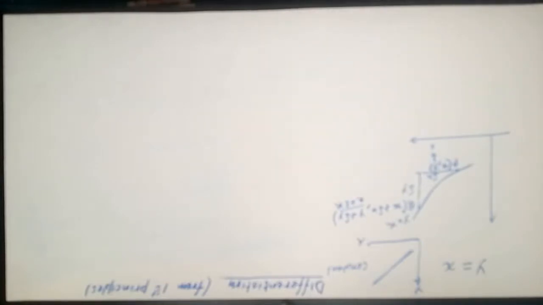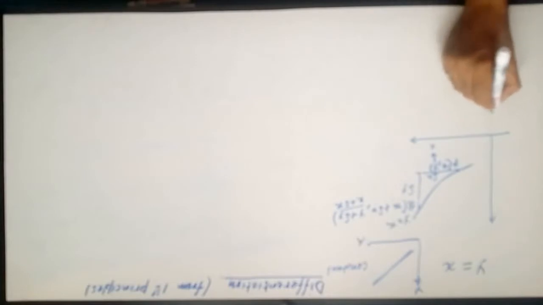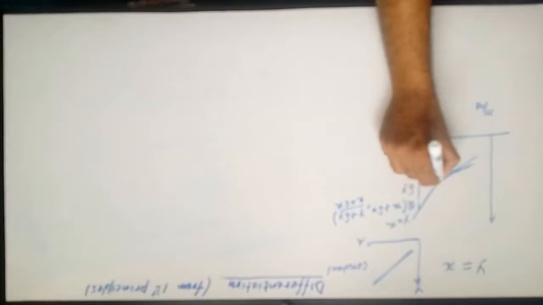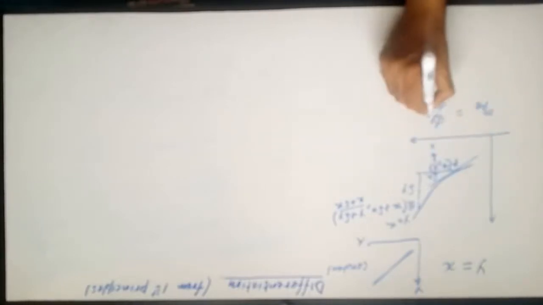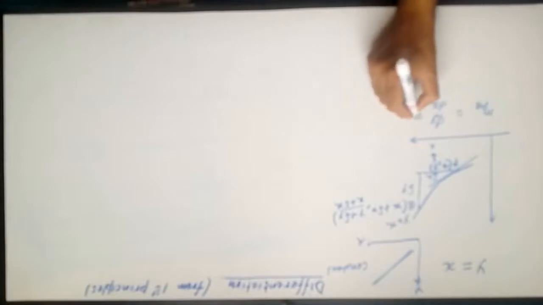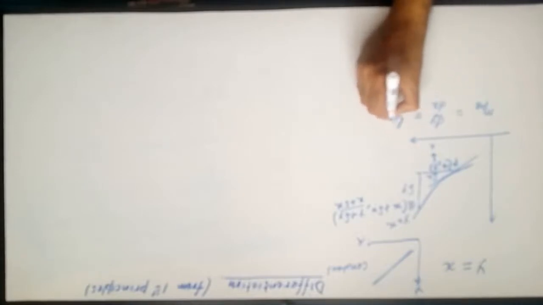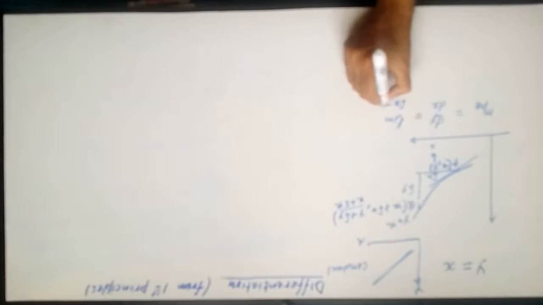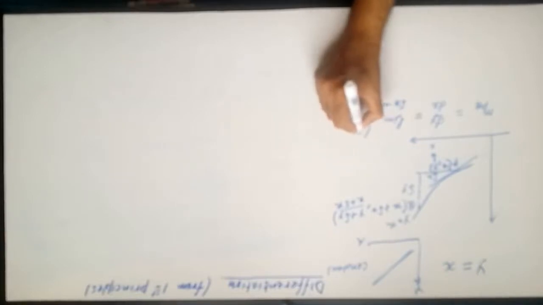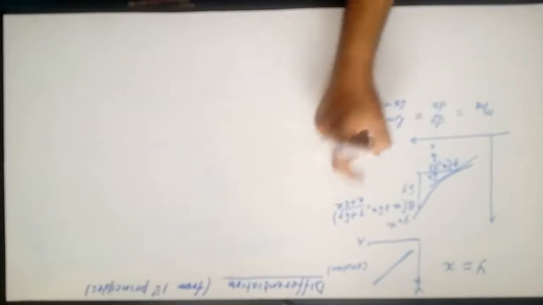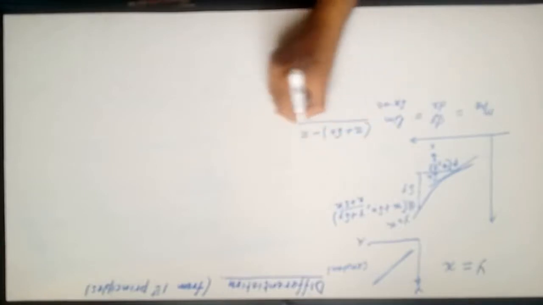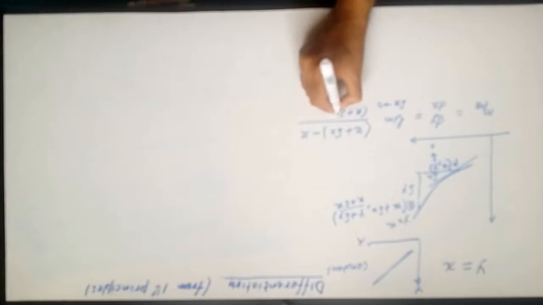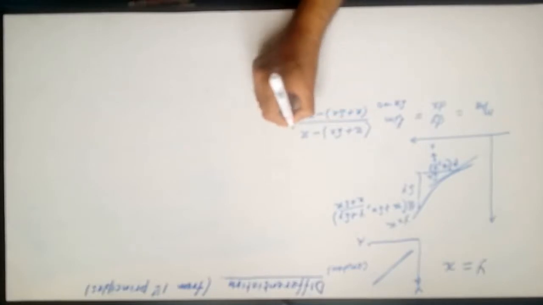So we can say now that the slope at this point P is equal to dy by dx, as we had done before, and this is the limit as delta x tends to 0 of, now since y plus delta y is x plus delta x minus x, and again x2 minus x1 is x plus delta x minus x.